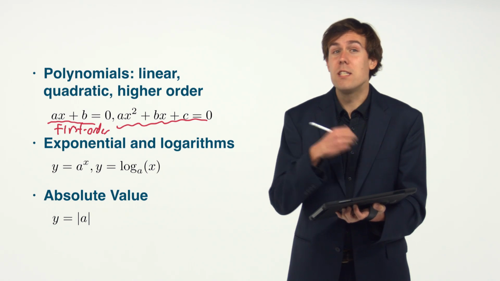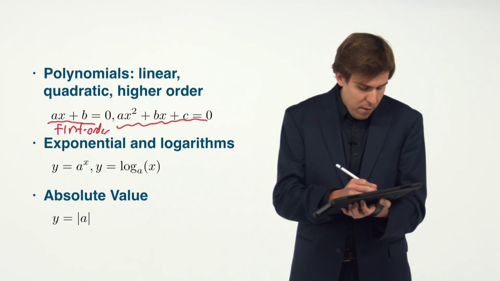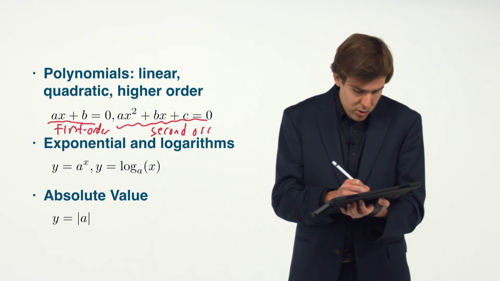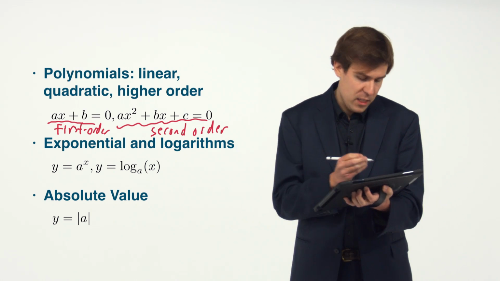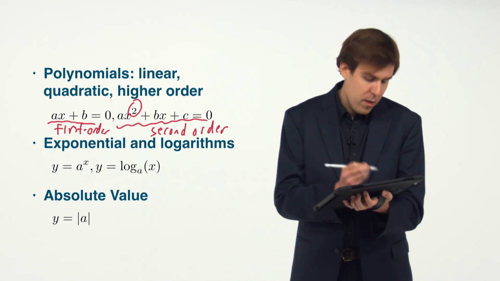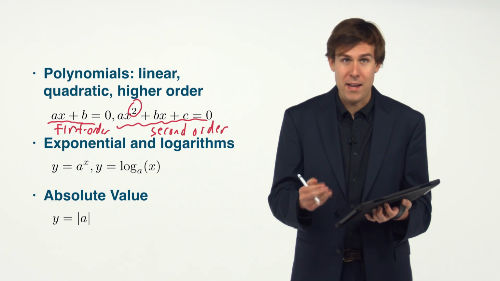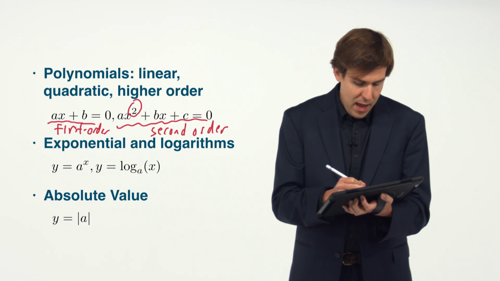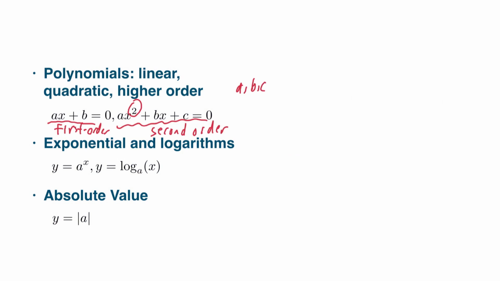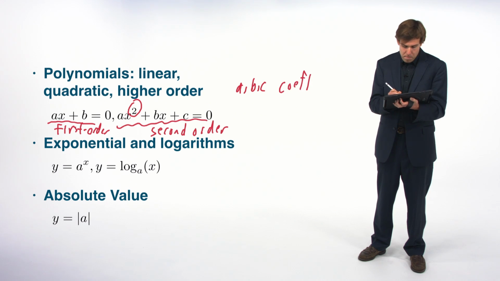We will also look at a slightly more complicated example of second order polynomials. So we say that this is second order because there is a 2 in the exponent right here. So this is the term that really makes it complicated, this ax squared. Right? So keep in mind that a, b, and c are what are called coefficients.